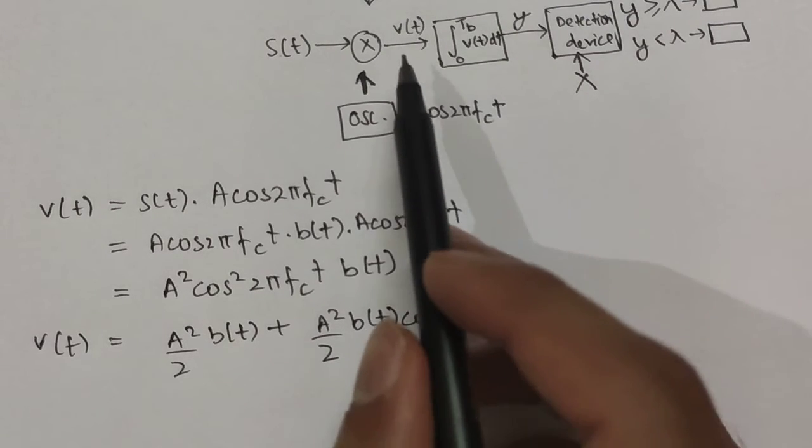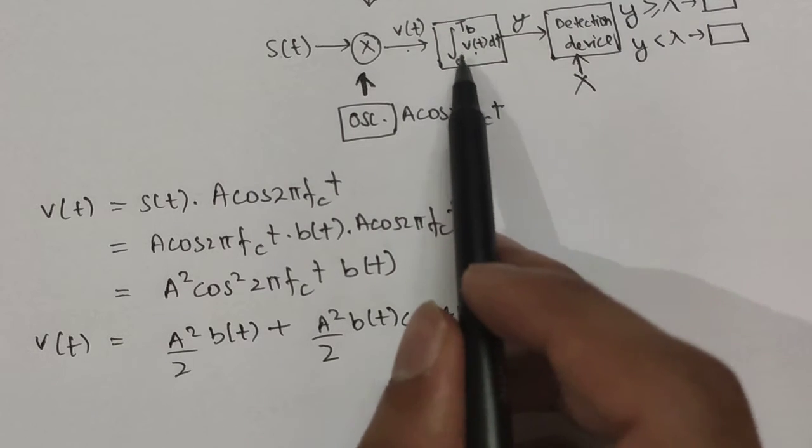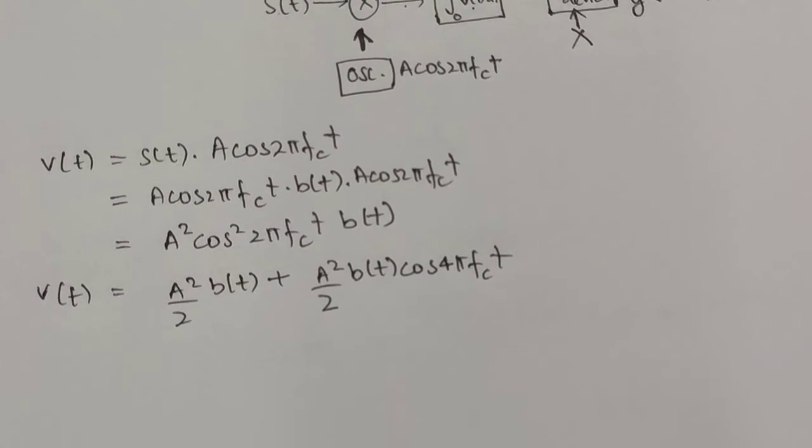Next, this V of t is passed to an integrator, which is going to integrate for 1 bit time period.